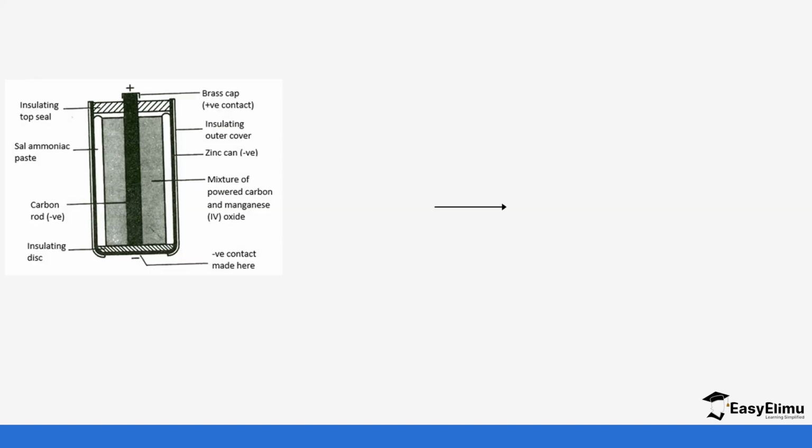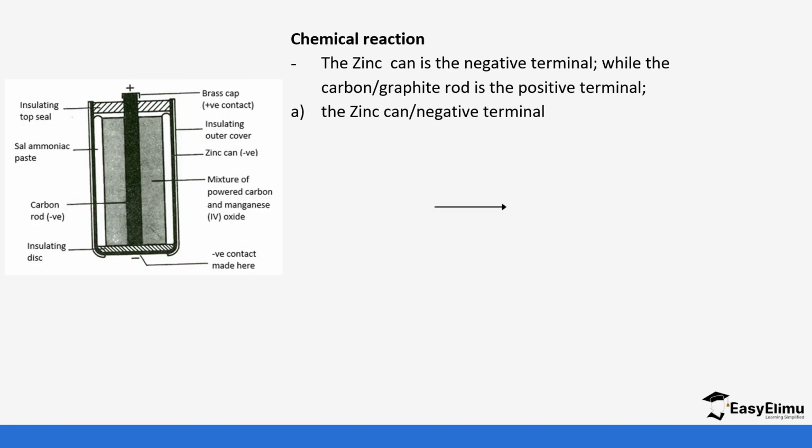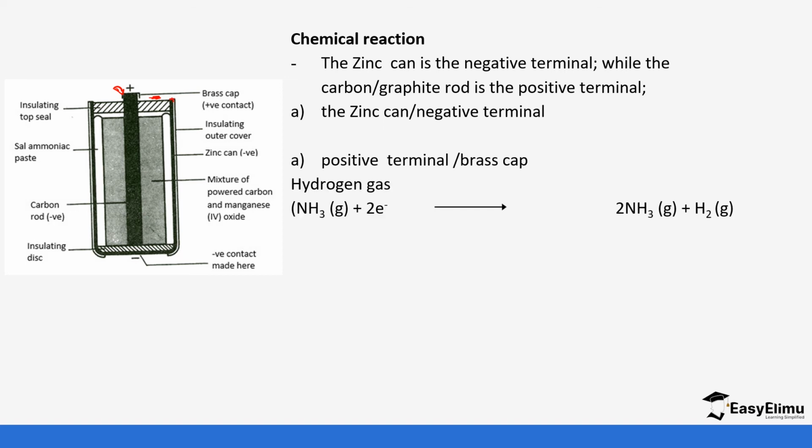When you look at the terminals, the zinc can is the negative terminal, while the carbon rod is the positive terminal. So at the negative terminal, zinc is oxidized to give zinc ions, and 2 electrons are given off.